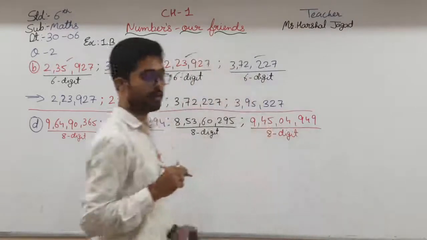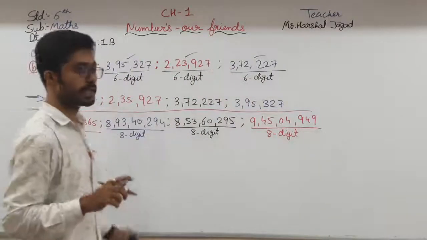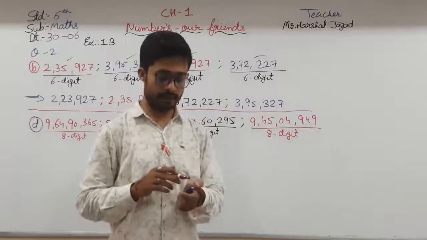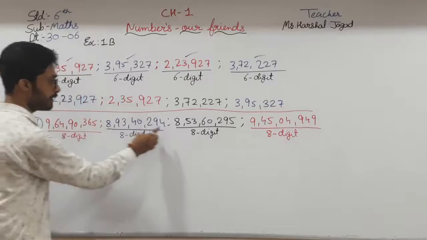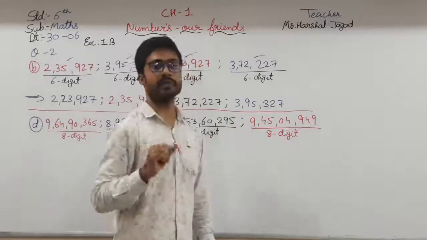Okay, so here all are 8-digit numbers. Let us see the first digit of all of these. Here it is 9 8 8 9. Which one is smaller?